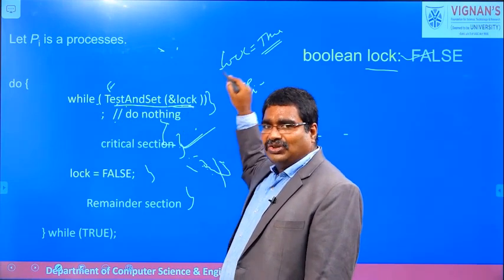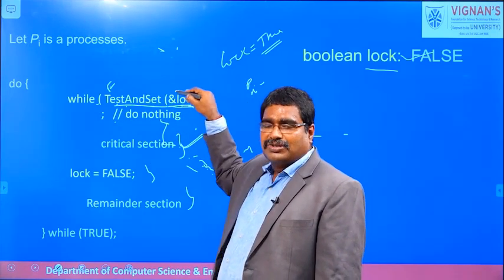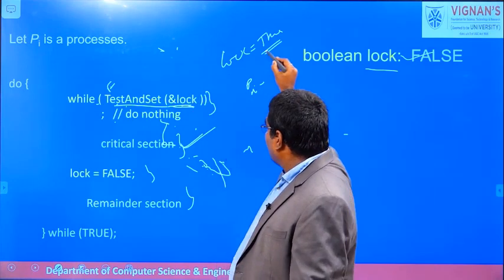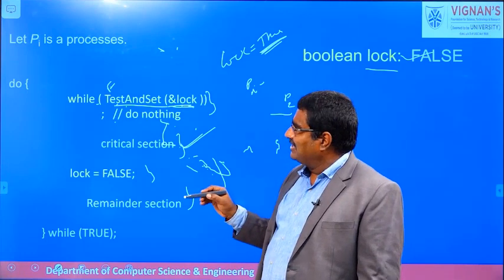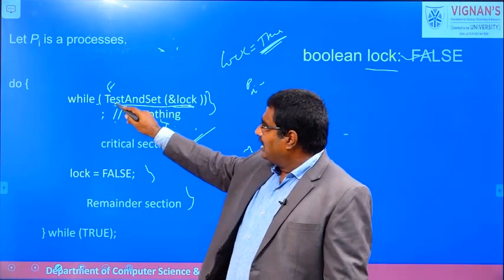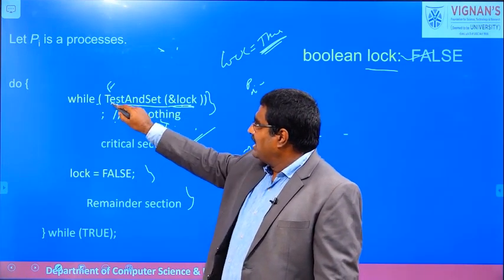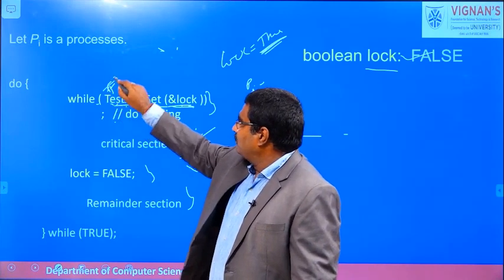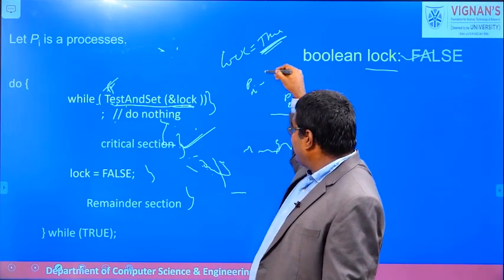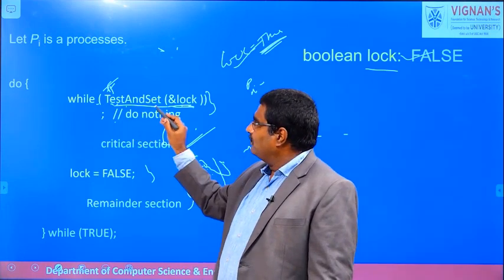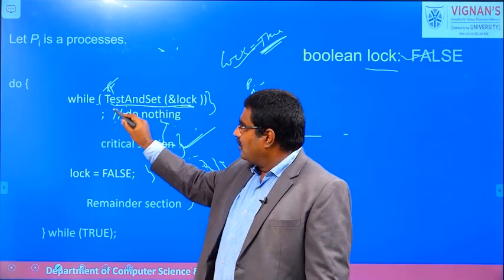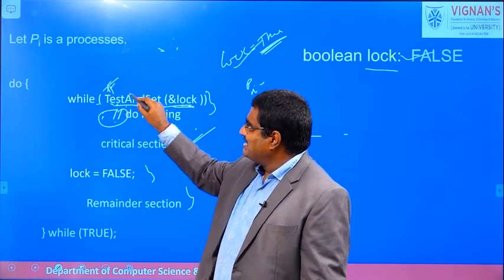Actually the lock is true, because at the time of the Pi process entry into the critical section, the lock value was changed from false to true. For that reason, if the P2 process wishes to enter, TestAndSet returns the value true. And the lock value is already true, so again we are assigning it and the lock is not changed. So while true, the condition is true, and without performing any operation, it checks the condition again.